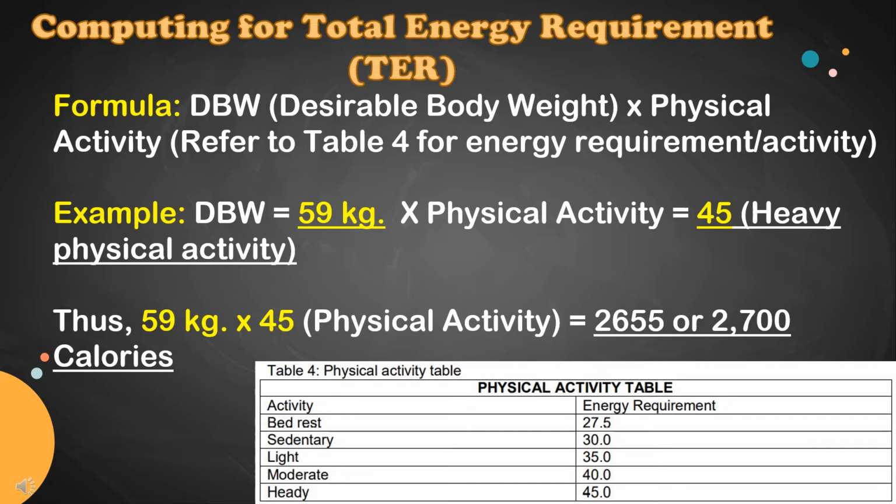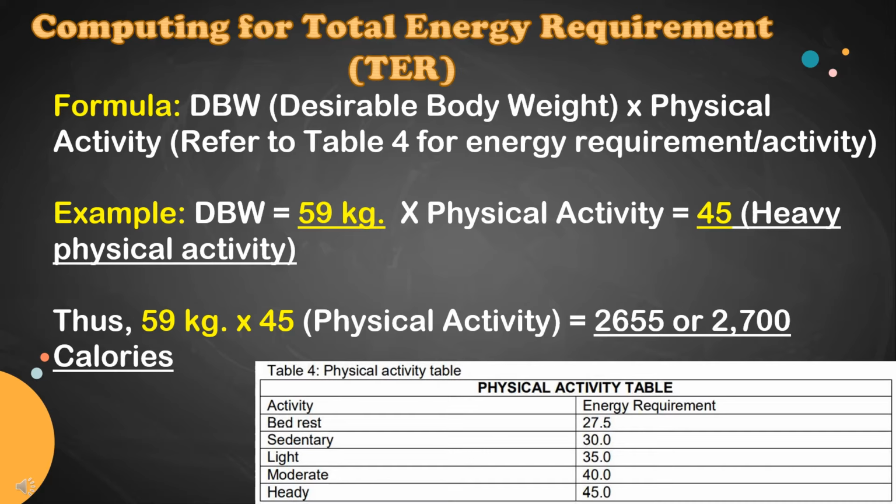To compute for one's total energy requirement or TER, the formula is desirable body weight multiplied by physical activity energy requirement. For this, refer to Table 4 below for energy requirement or physical activity. For example, the given body weight is 59 kilograms and the physical activity is heavy.